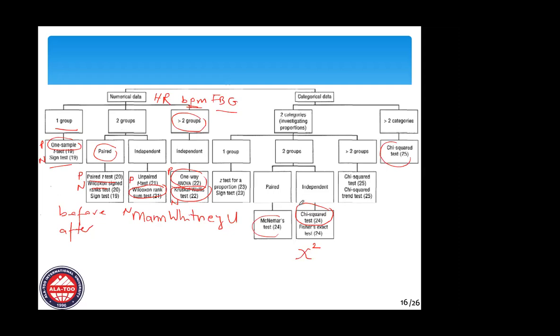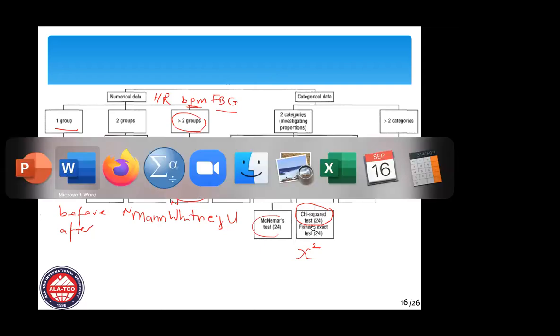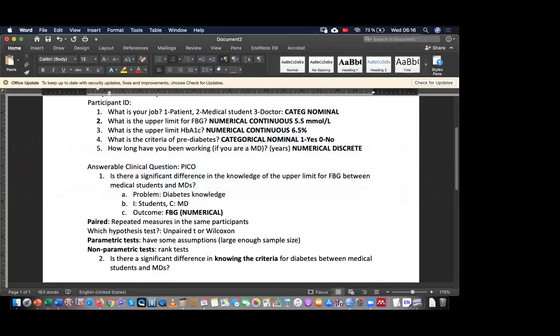One test only, okay? So parametric is only for the numerical side. If I have two groups and they are independent, the test to be used is what? Chi-square.